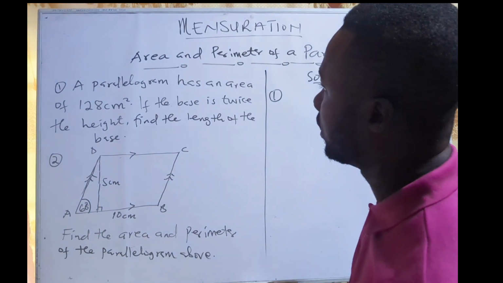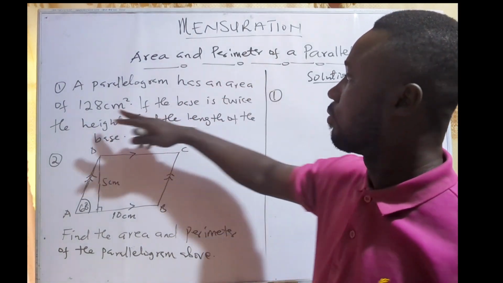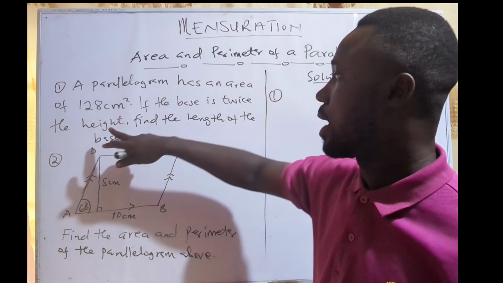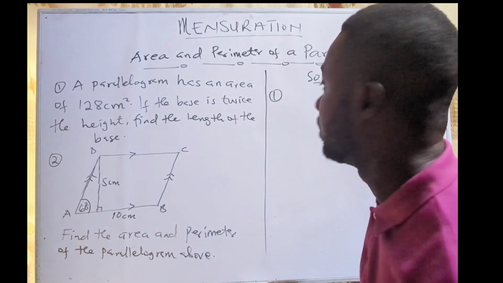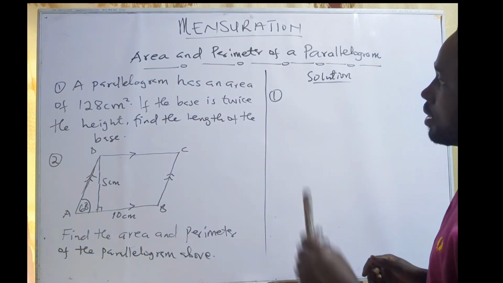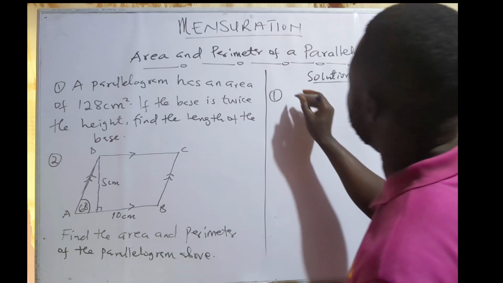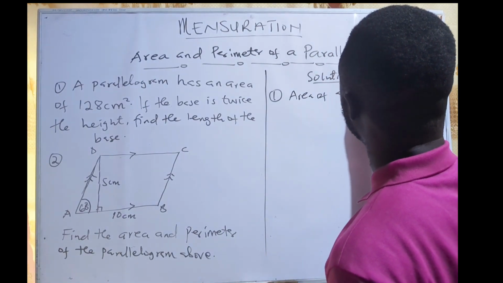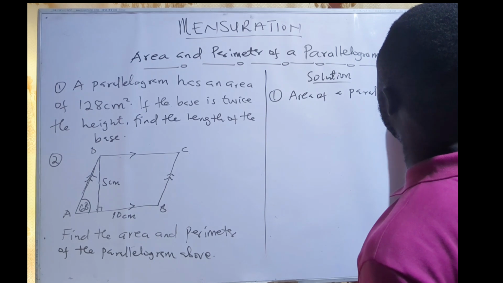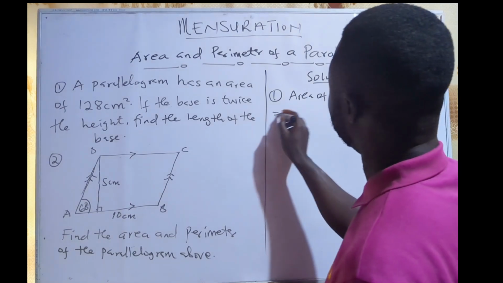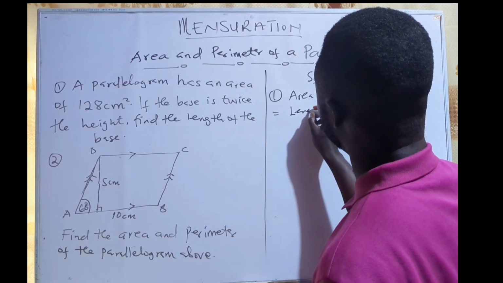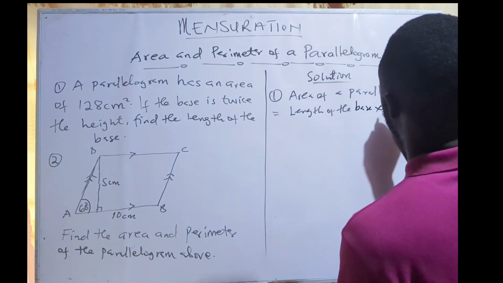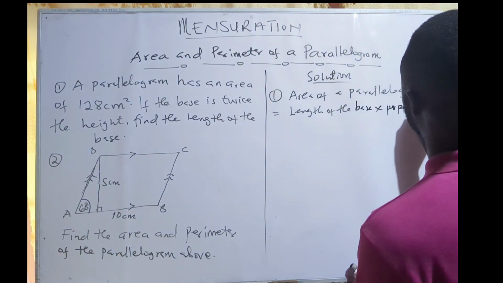Number 1. A parallelogram has an area of 128 centimeters squared. If the base is twice the height, find the length of the base. We are given the area, and the area of a parallelogram is equal to the length of the base times the height, or the perpendicular height.